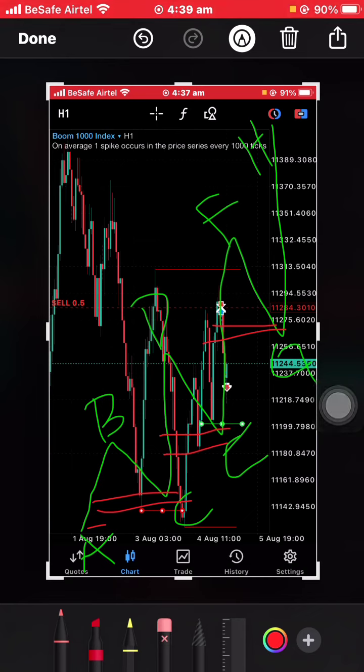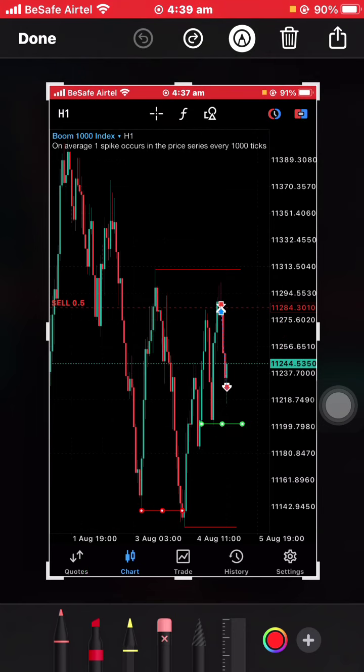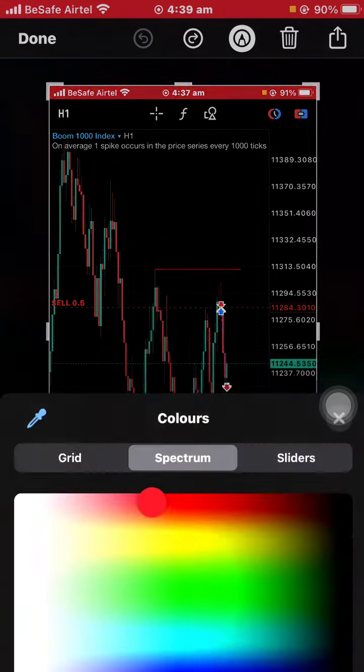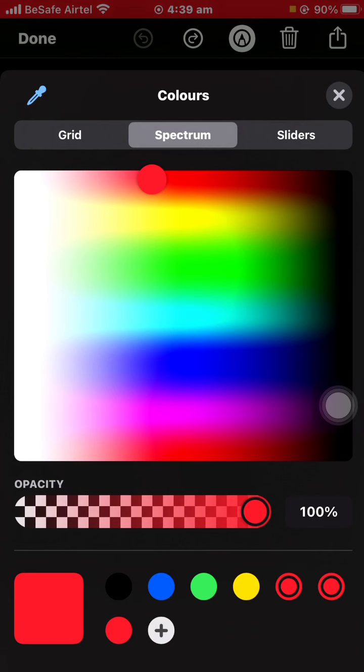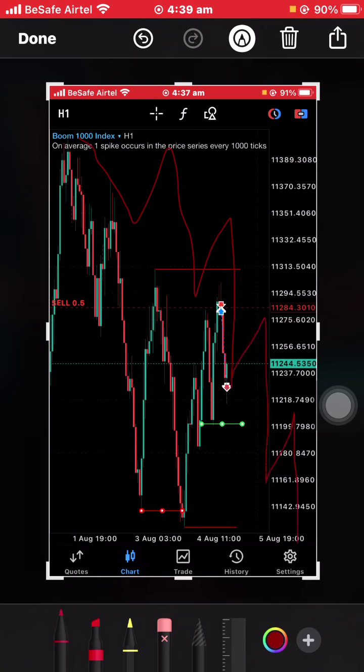Now let's just do the bearish price delivery. So the market sells, pulls back, sells, pulls back, sells, pulls back, sells, pulls back, sells.